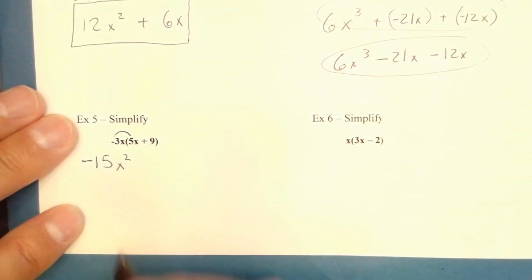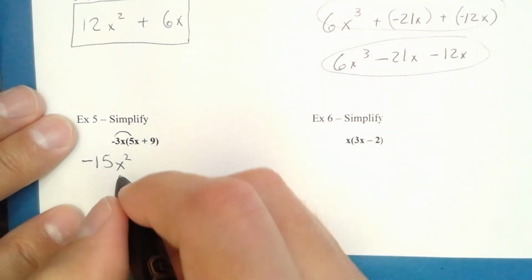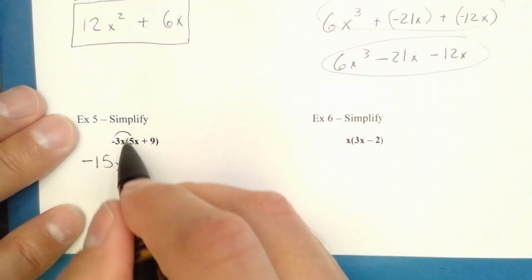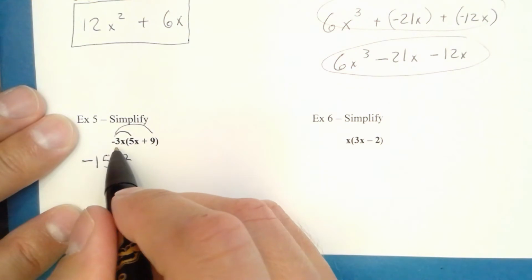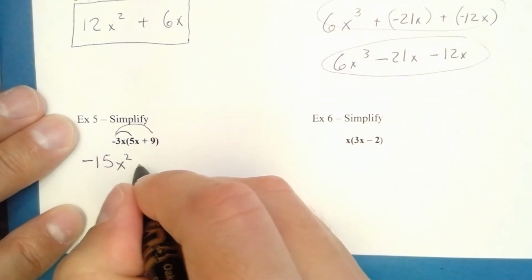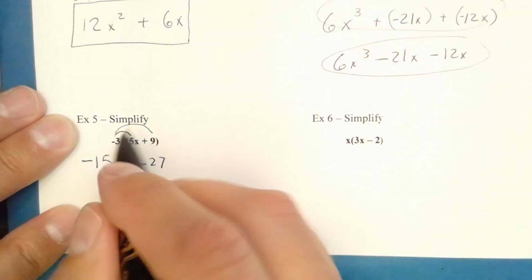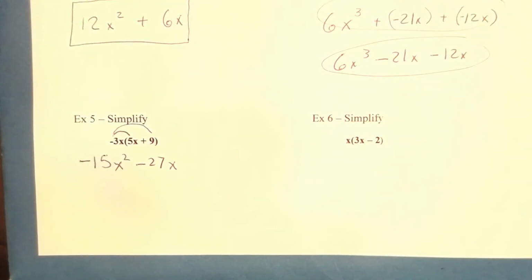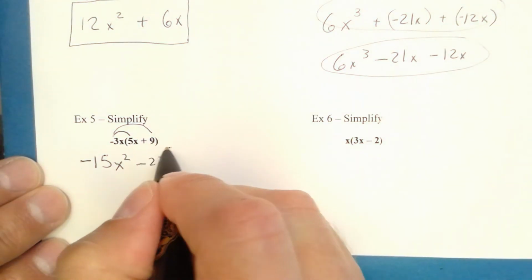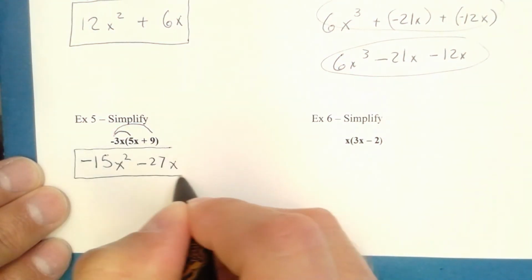So this is kind of shortening it down. You can still do it the other way, it's just fine. Negative 3x times 9. Well, negative 3 times 9 is negative 27. Then x all by itself, there are no more exponents to go with it. And you're done. I said it was going to be a little shortcut.